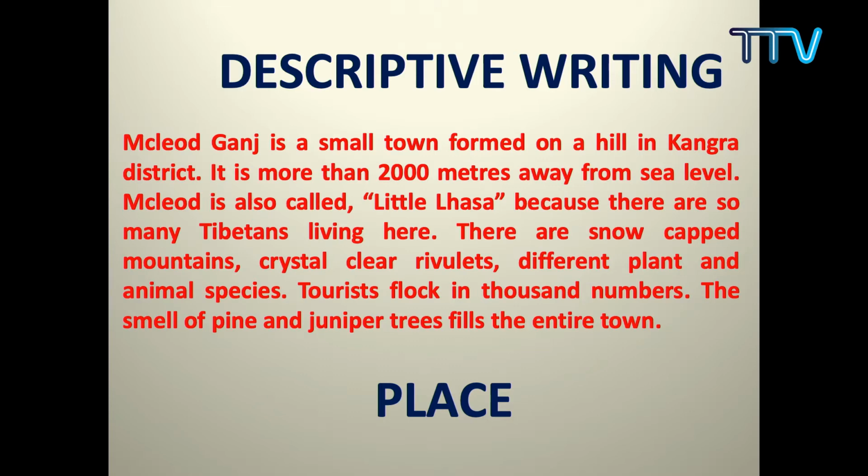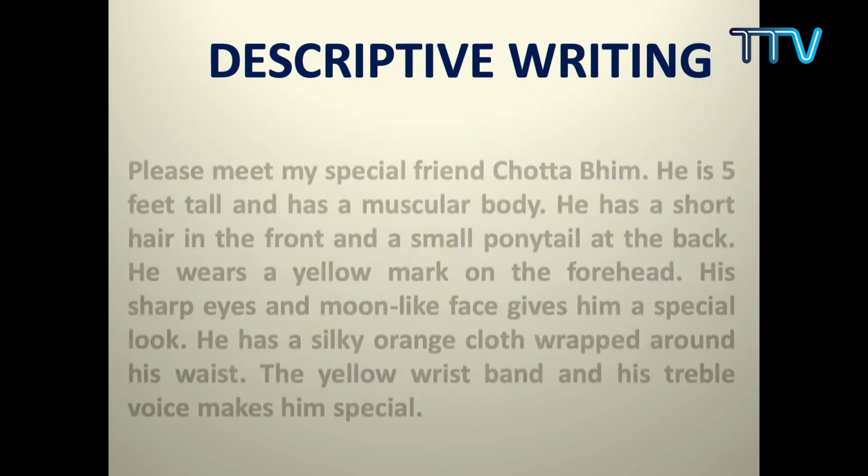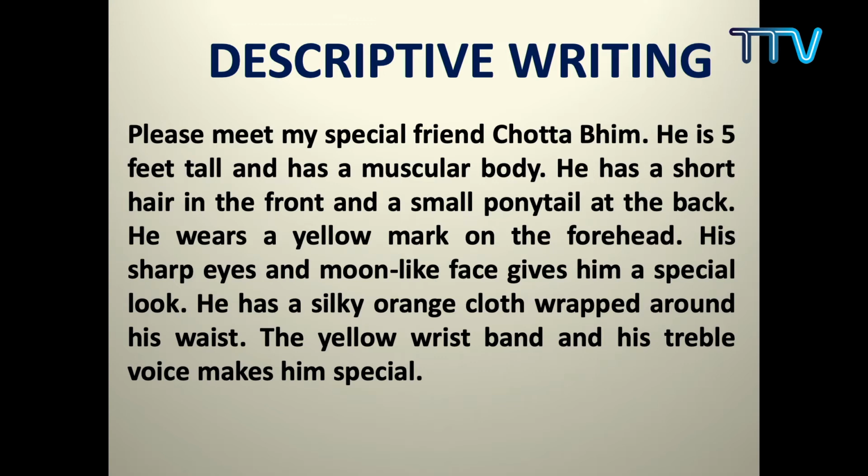So, I give you one more exercise. This one, I want you to read. I will read this. You must have heard of Chota Bhim, Dholakpur, like this. I'm sure you all are fond of this serial. I'm going to read this. Please meet my special friend Chota Bhim. He is 5 feet tall and has a muscular body.